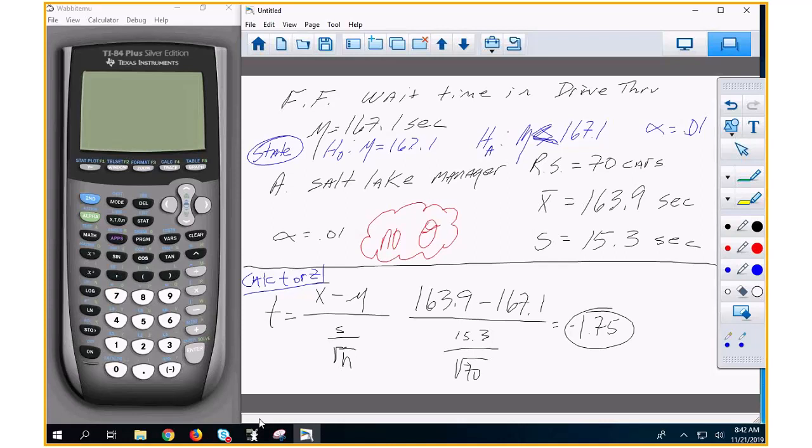You compare it to this guy right here. Okay? And looking up a t-value is kind of the same thing as looking up a what? A z-value. Now, how do you use your calculator on this? Well, I'm going to just write it down, and I want you to use your calculator to see if you can get the same thing. But please make sure you write good notes. Okay?